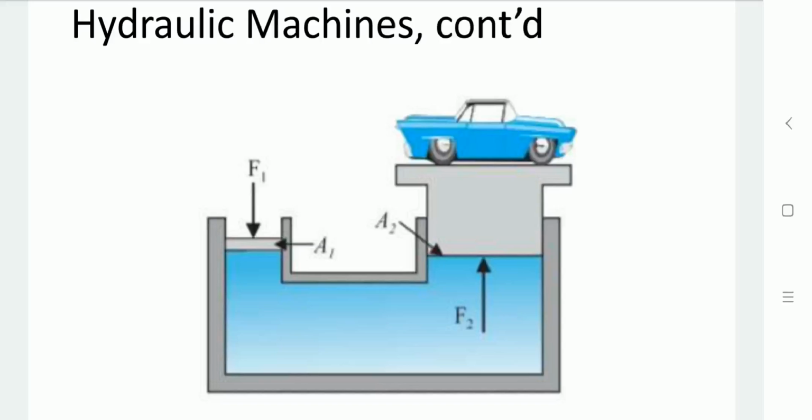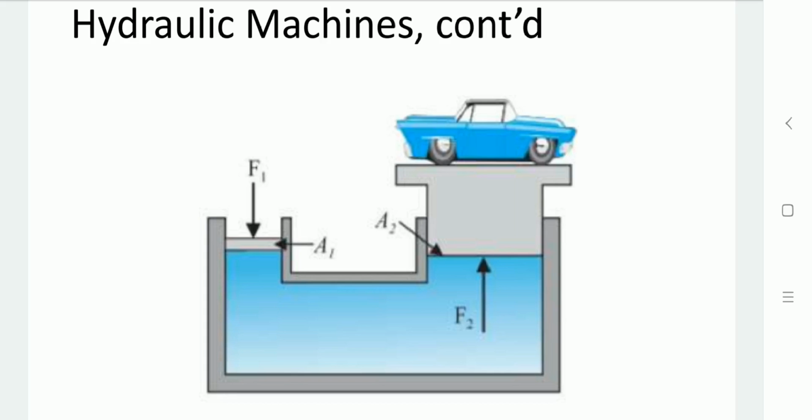A piston of small cross-section area A1 is used to exert a force F1 onto the liquid. So the generated pressure P equals F1 by A1, which is transmitted throughout the liquid towards the cylinder attached with the larger piston A2.